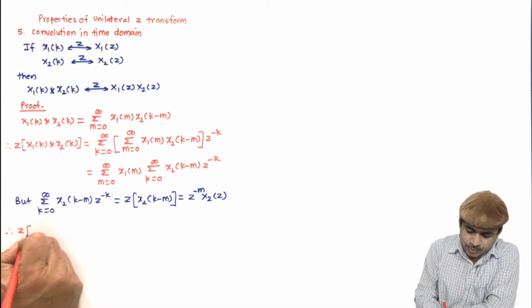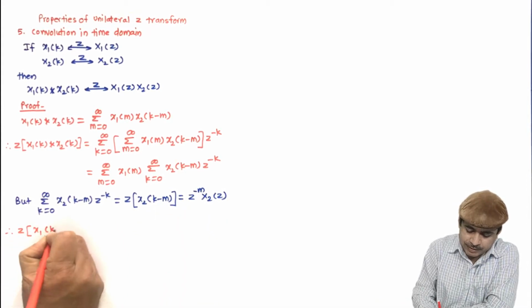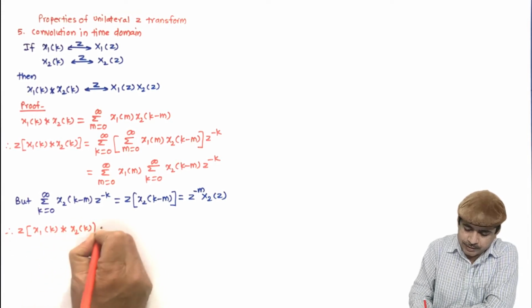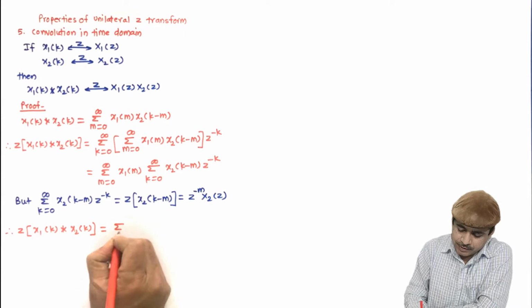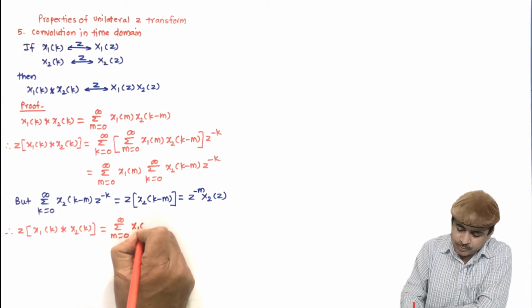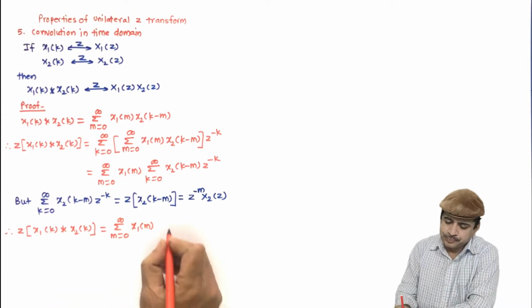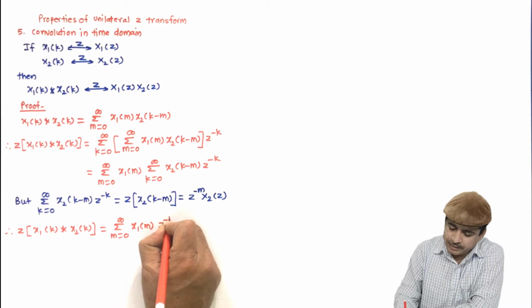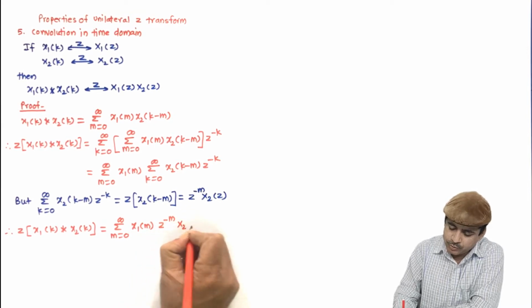So Z transform of x1 of k convoluted with x2 of k has now become summation m equal to 0 to infinity x1 of m and then into z raised to minus m into x2 of z.